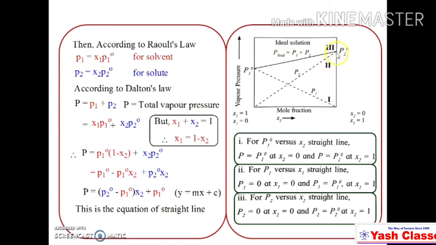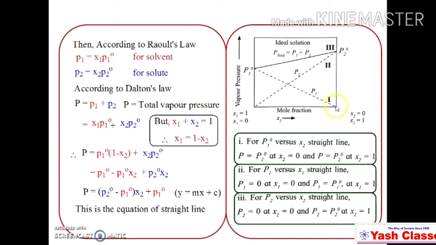Corresponding to this point, x2 is maximum, that is 1, and therefore as per this formula there is a maximum value for P2. So this point represents the maximum value of P2, and it corresponds to P2 0. It means at this point P2 is equal to P2 0.